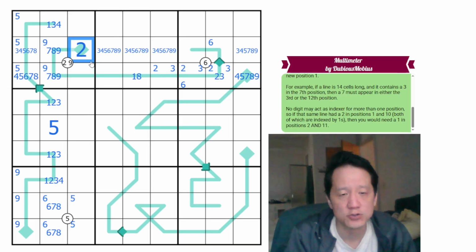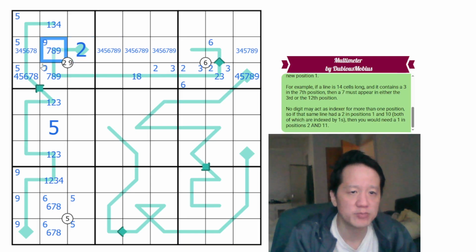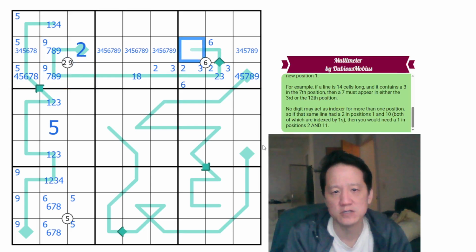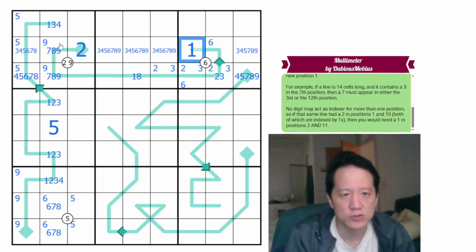So that's saying there's a 1 in one of the second positions. Well, it's not that one, so it must be this one. So this is a 1 here. So this is 1, this is 2. So this 2 is the index of a 1, and this is the other index of a 1, but we don't know which one.